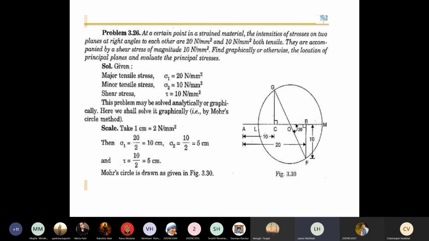Now always choose a scale, right? I'll choose a scale of 1 centimeter equal to 2 Newton per mm square. In the sense, sigma x becomes 20 by 2, that is 10 centimeters, and sigma y becomes 10 by 2, that is 5 centimeters, and q becomes 10 by 2, that is 5 centimeters, right?